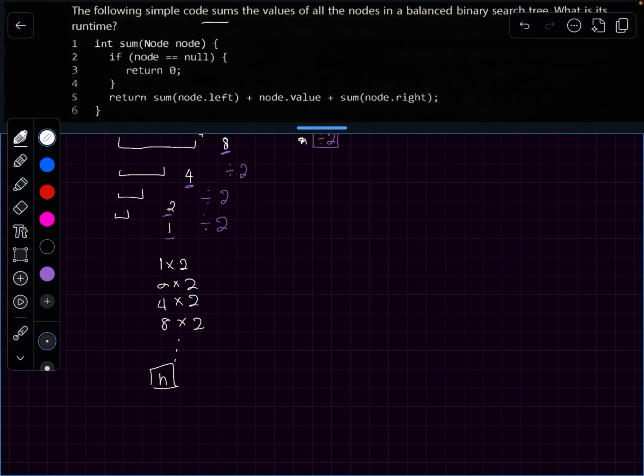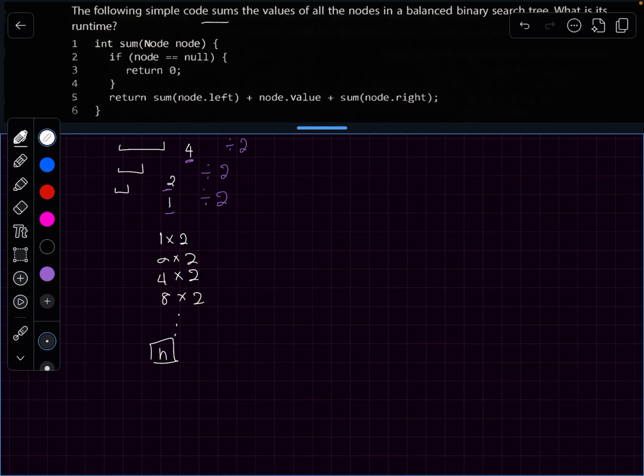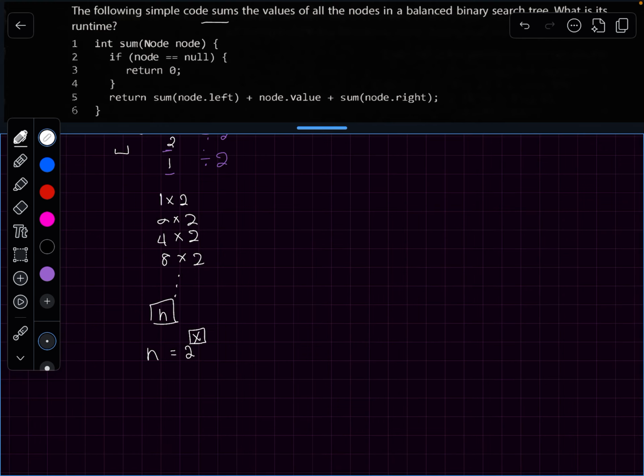So now the question is, how many times must I multiply 2 to get n? That can be encapsulated with the formula n = 2^x. We don't know what x is.